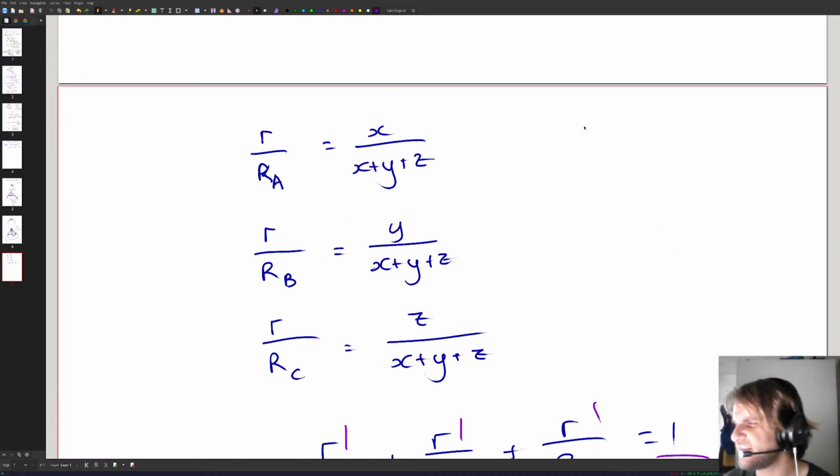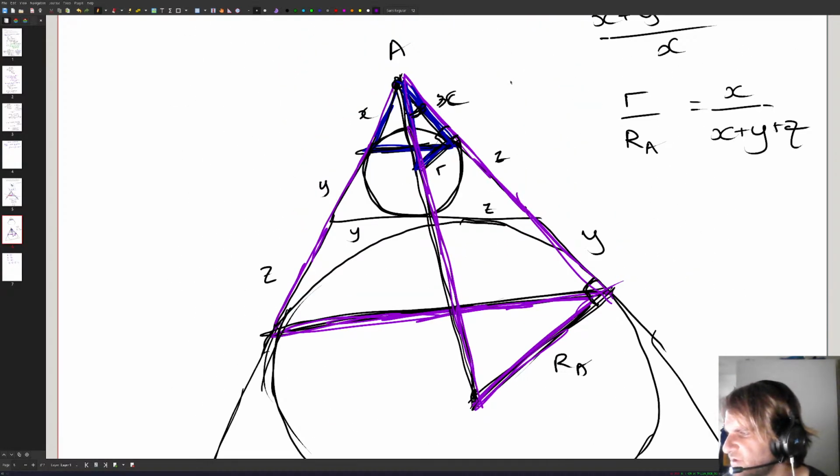So it actually comes from similar triangles. It comes from realizing that this triangle there, from A to the excenter opposite A to this tangency point, is similar to this triangle over here.